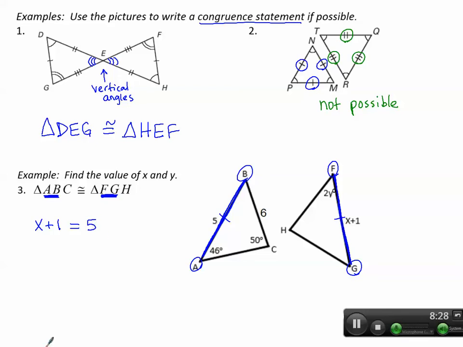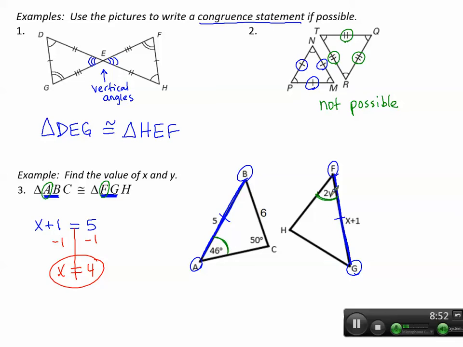Let's solve this equation. And I see that x equals 4. How about y? Well, y is in the angle that says F, and F corresponds with A. They are both in the first positions. A says 46 degrees.